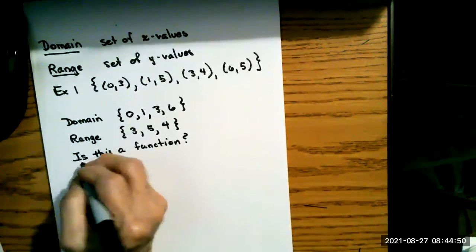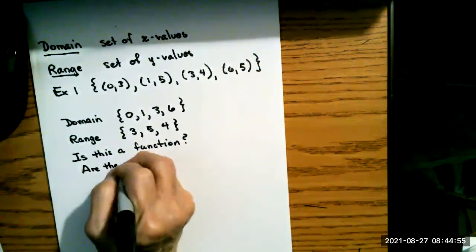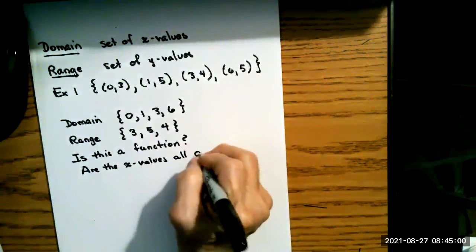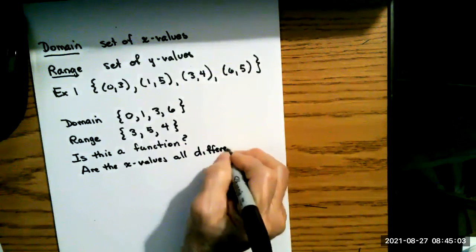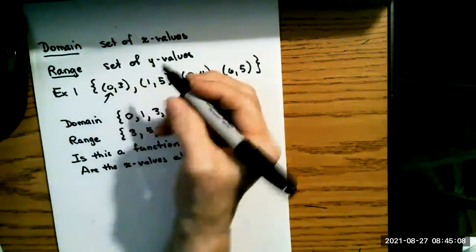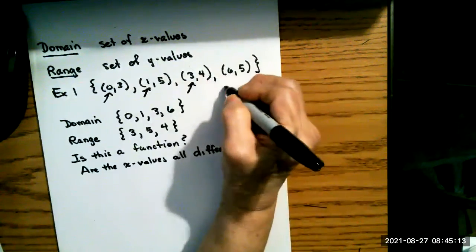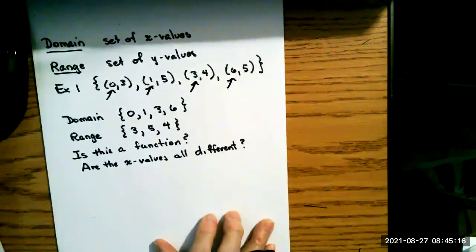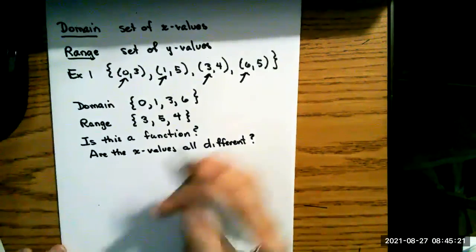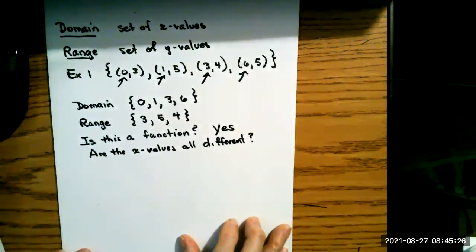What that means is, are the x values all different? So let's check them out. Here's a 0 that's paired with 3, a 1 that's paired with 5, a 3 that's paired with 4, and a 6 that's paired with 5. I can see that all of those are different numbers. So my answer to this question would be yes, this is a function.